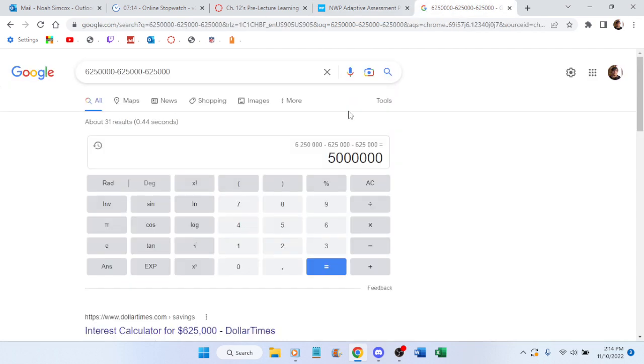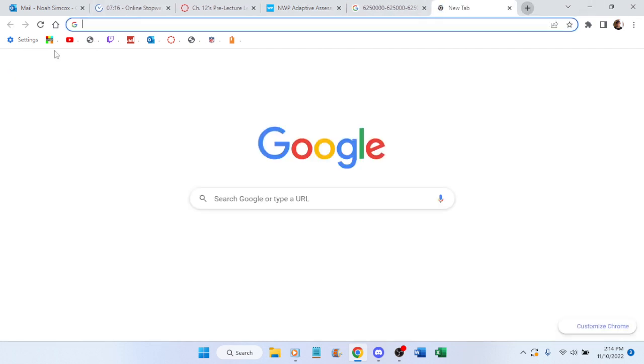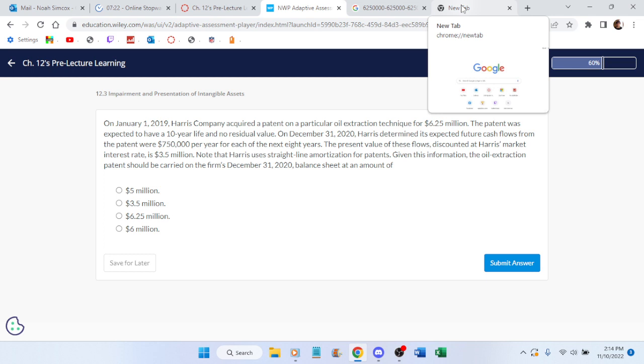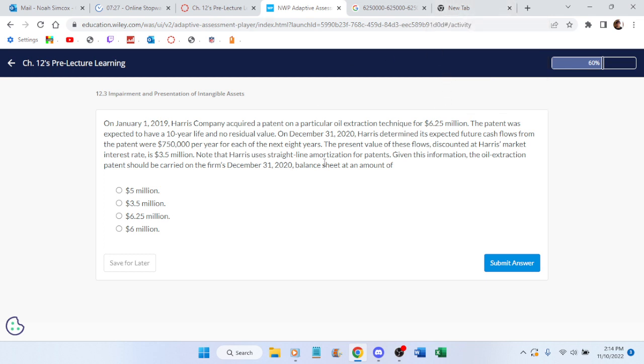So they expect 5 million, 750 times 8. Oh, no, they say the present value. You gotta be kidding me.